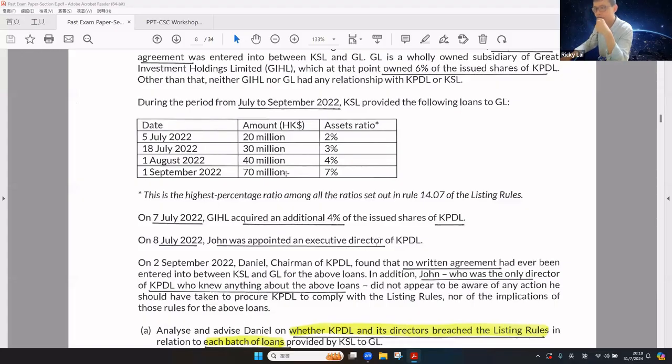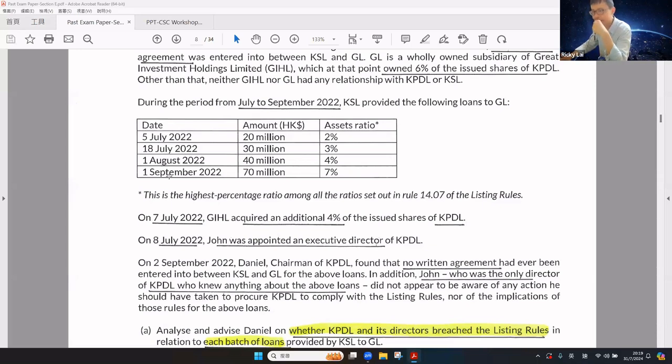This means that GIHL on July 7 has become a substantial shareholder of the listed company according to the listing rule. Because according to the listing rule, a substantial shareholder means holding 10% or more of the voting shares of the listed company. And the next day, John, that is the subsidiary director, was also appointed as an executive director of the listed company.